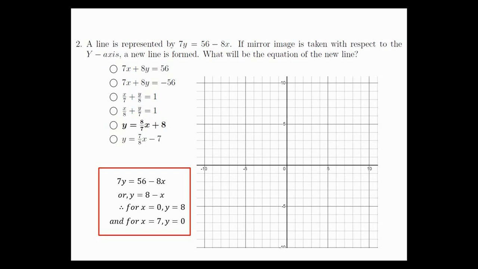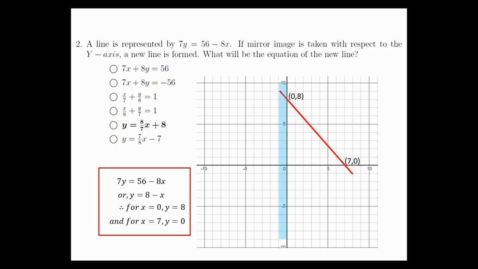For x equals 0, y equals 8, and for y equals 0, x equals 7. Now we can draw the line which connects these coordinates, 7, 0 and 0, 8. Now a mirror image is taken according to the question with respect to the y-axis.